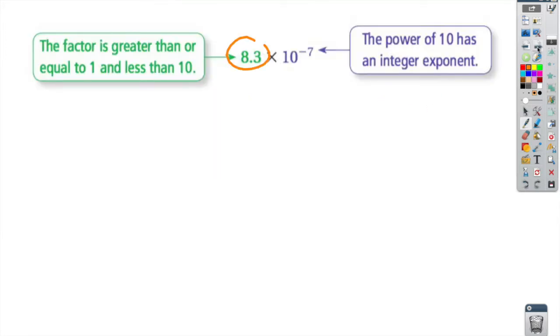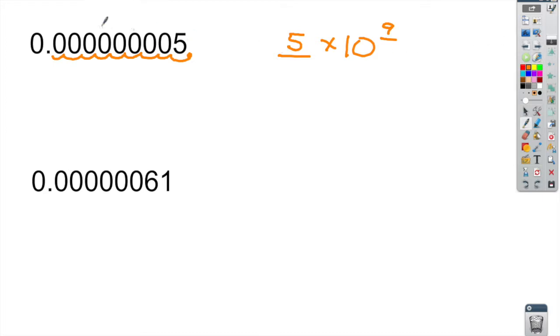Now this is different though. This is a really tiny number, and you may or may not have noticed, but I actually moved the decimal the opposite direction from the other two examples. And so the way we deal with that is that the only change we make is that since we're moving the decimal the opposite direction, we just make the exponent negative.